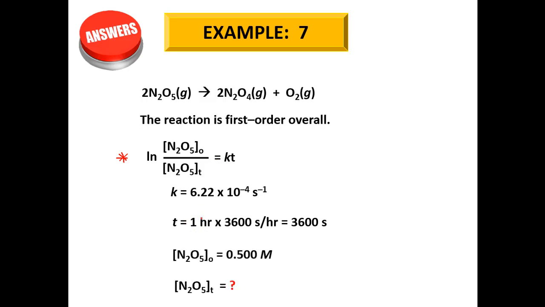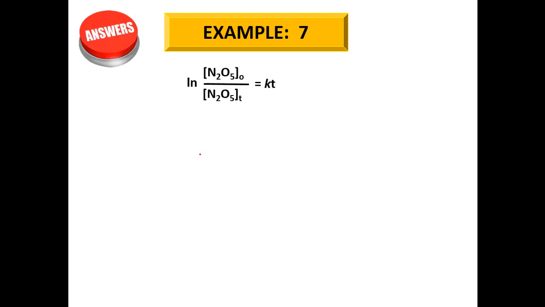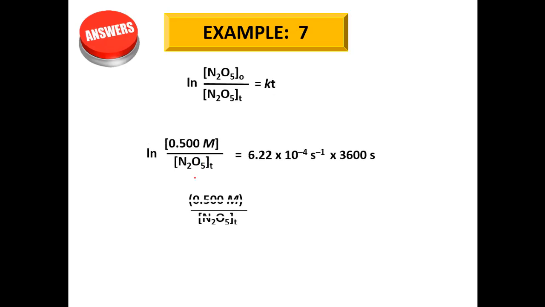So you kena cari berapa concentration N2O5 ni after 1 hour. So this one mathematics lah. You shift ln tu bawa ke sebelah sini, and then you rearrange. So you should get the concentration of N2O5 after 1 hour tu as 0.0533.